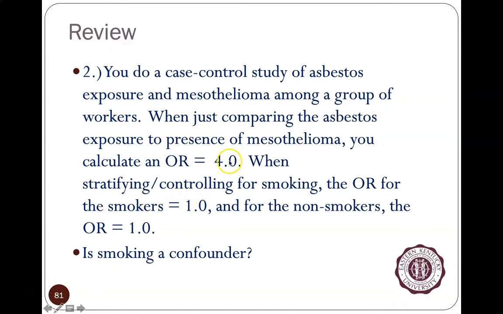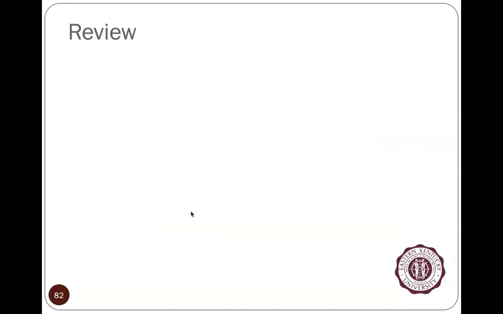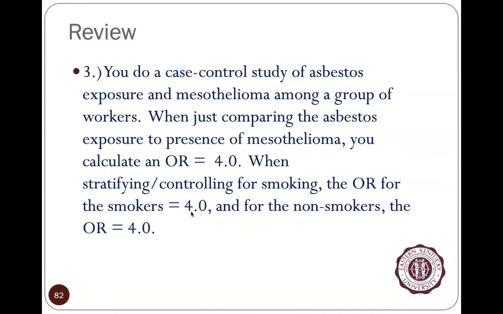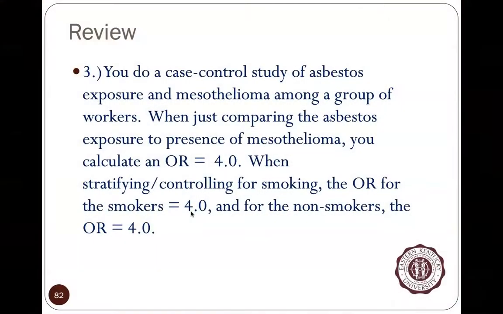How much did this odds ratio change? It went from 4.0 to 1.0. That's 3.0 times 100. 300% change in the odds ratio. Definitely evidence of confounding. What about here? In this example that's on your screen right now, we've got 4.0 in the asbestos and mesothelioma crude odds ratio.